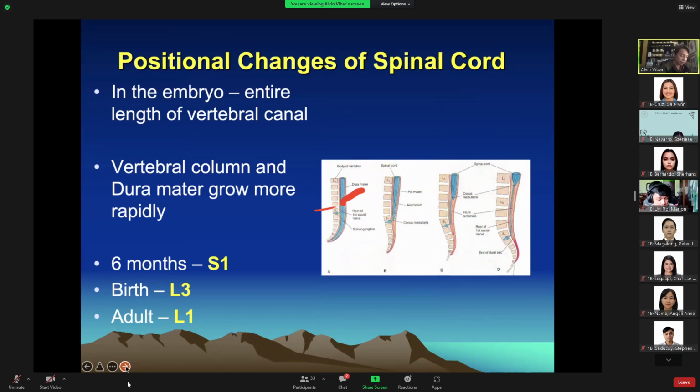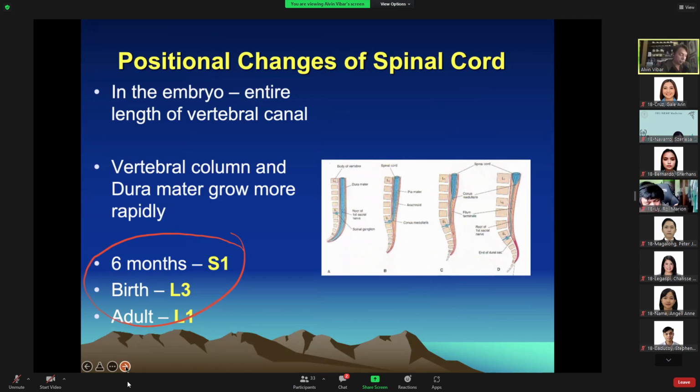And for these reasons, at 6 months of fetal life, the spinal cord is usually seen at S1. At birth, it terminates at level L3, and in adults, it terminates at level L1. Again, take note, I'm going to ask you that at 6 months of fetal life, the spinal cord usually terminates at level S1, at birth L3, in adults L1, L2.